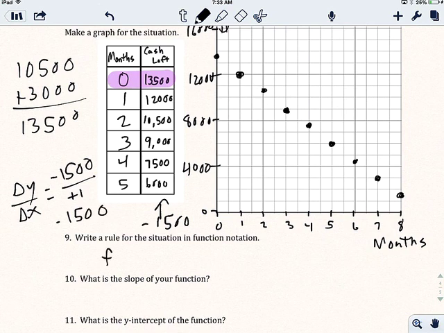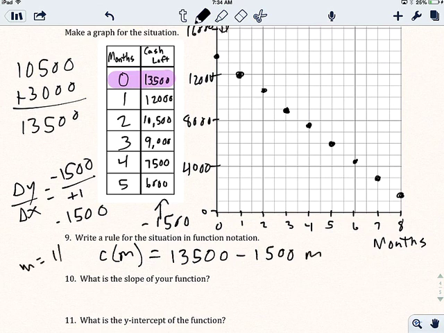So f of x, which I've already used, excuse me, let's make it c of x is equal to, we can even do better than that, I think. Let's do c of m since we have months. C of m is, we start at 13,500, the constant, minus $1,500 a month, and so m equals number of months.